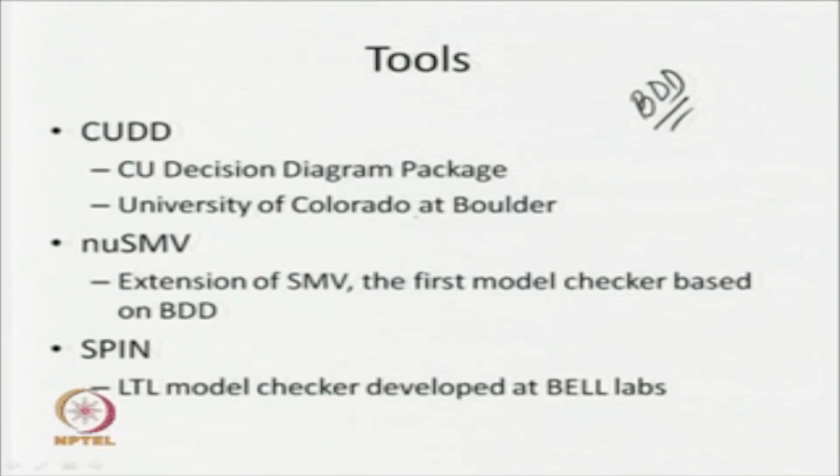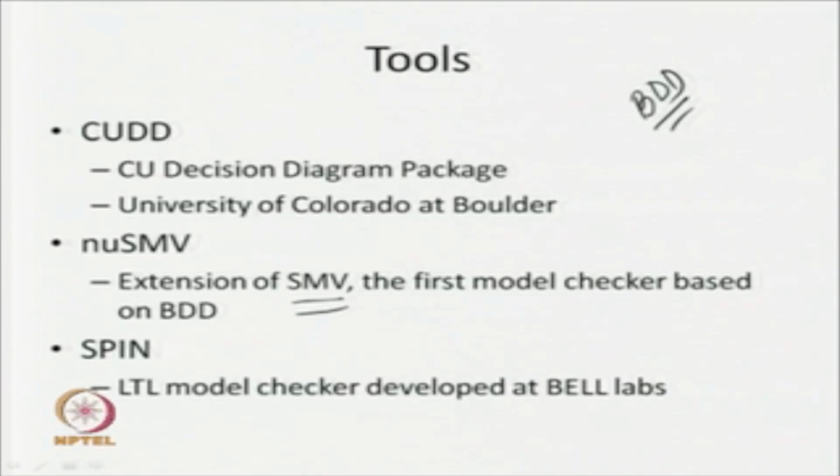Another tool I am going to mention is NuSMV. This is the symbolic model verifier. It is the extension of SMV, the symbolic model verifier, which is the first model checker based on BDDs. It was developed by Ken McMillan, who was a student of Edmund Clarke, the pioneer of this model checking procedure.